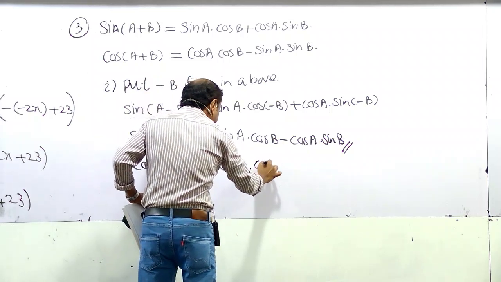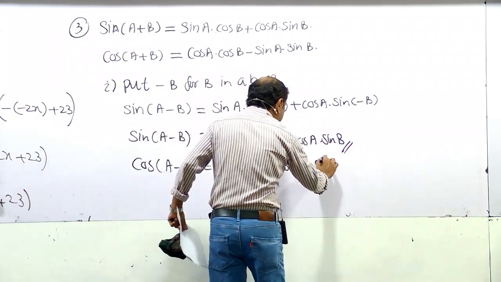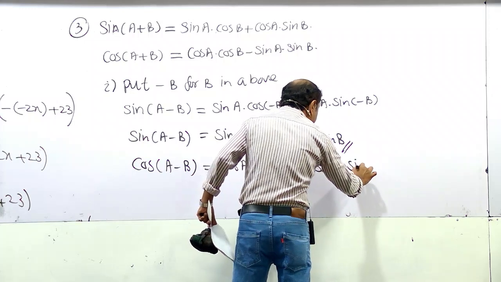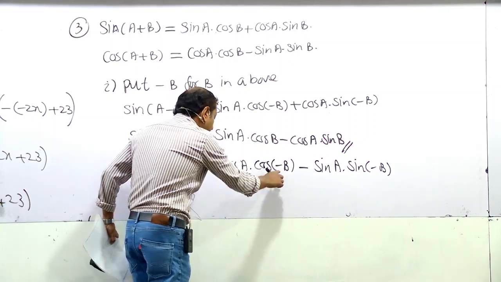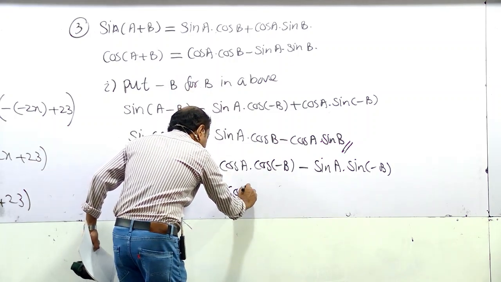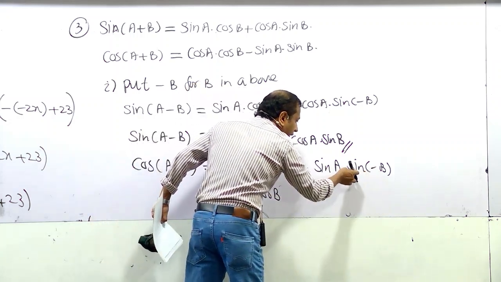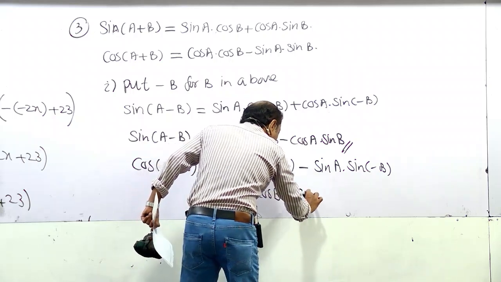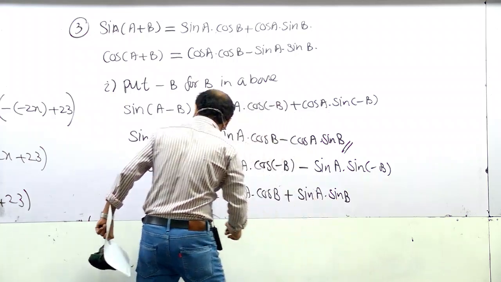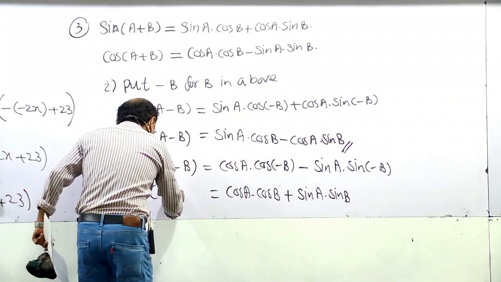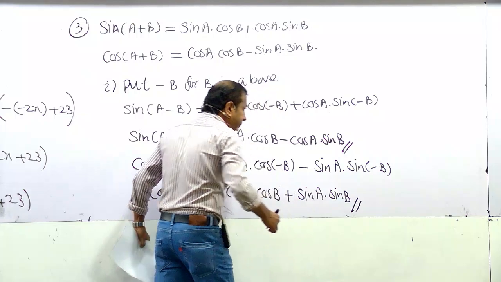Cos A cos minus B minus sin A sin minus B. Cos minus B is cos B, so cos A cos B. Here this minus sign we can take out, and that time this will be plus sin A sin B. This is cos A minus B. Right. This is the next one.